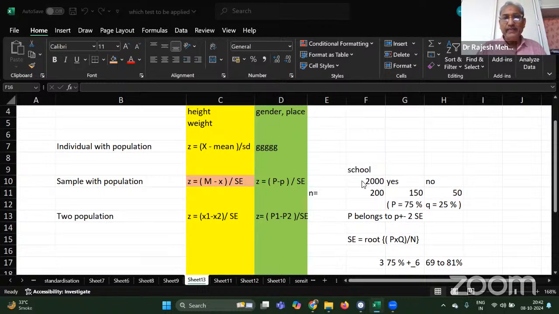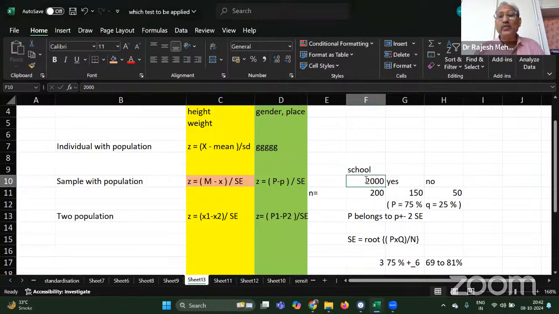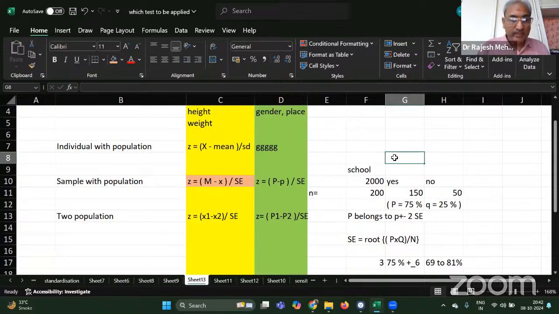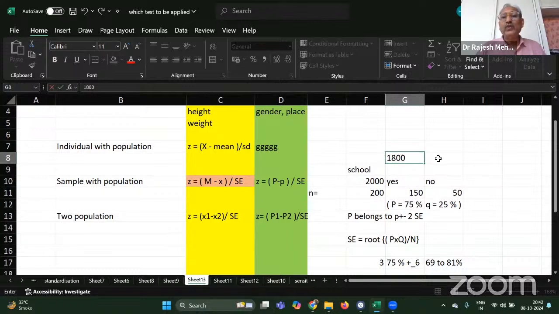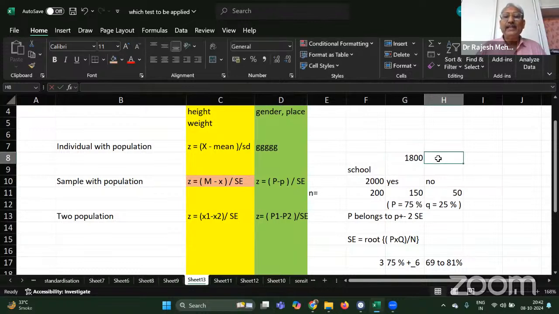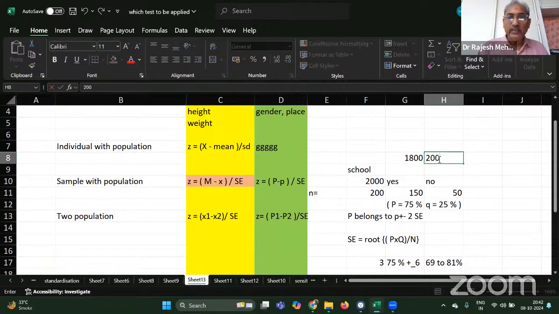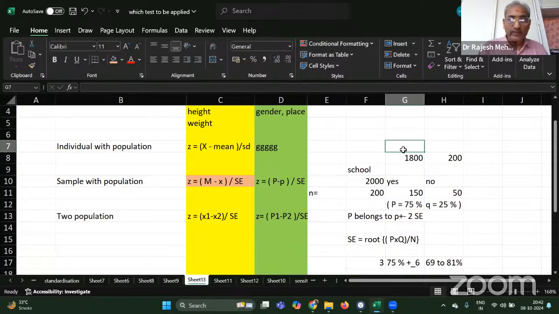Okay. So in the same example, when we found out this 2,000 students and we took our survey, the actual result was 1,800 students felt ill at least once in a year, and 200 did not. That means P is 90% and Q is 10%.